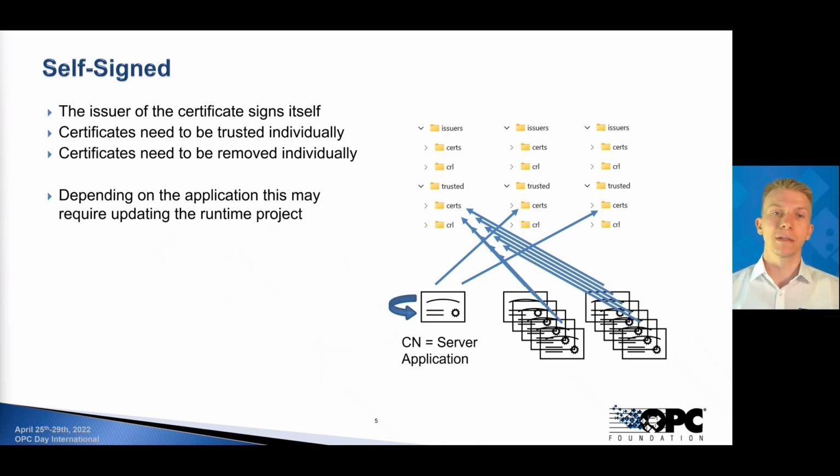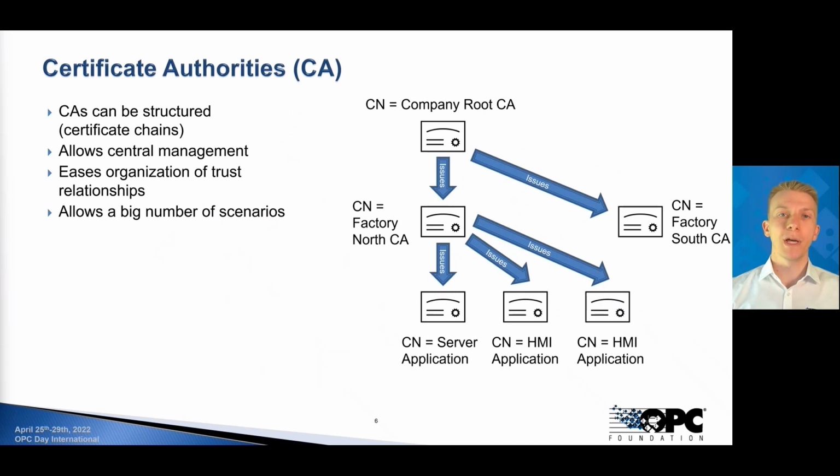Now you can see that this is not good from a maintenance perspective, but luckily certificate management with OPC UA, just like any other certificate management, has a solution for that. We utilize a concept from the industry, certificate authorities, so-called CAs. CAs allow you to structure certificate hierarchies.